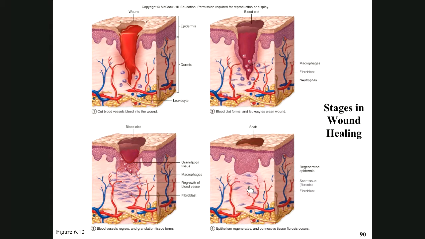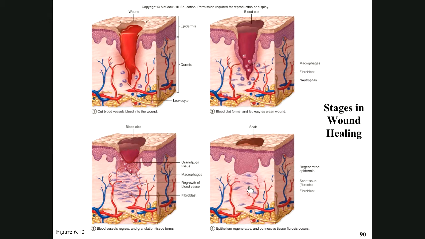Wound healing depends on the extent of injury. We need longer time for wider and deeper wounds, and when we have severe damage, it takes a long time to go back to the original condition.